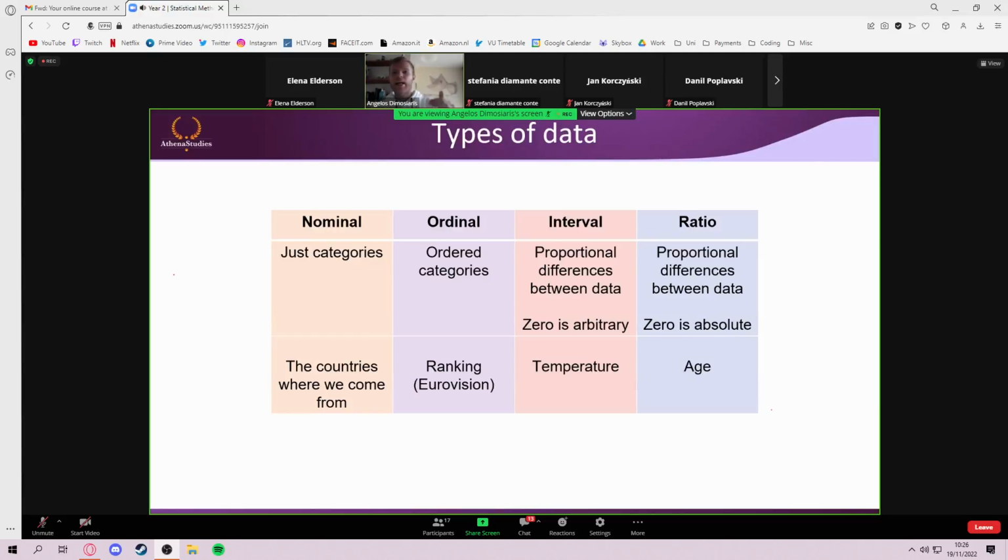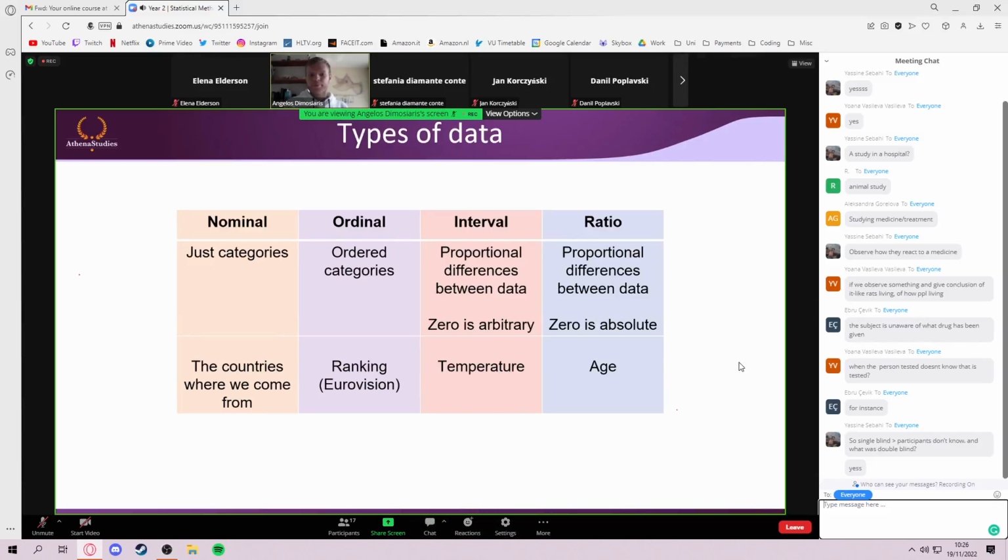So you have, I don't know, Netherlands number 1, Israel number 2, Spain number 3, Portugal number 4. In this case, we still refer to categories, but there is an order. So if Netherlands is number 1, that means that it is better than number 2 or better than number 3. So this is the ordinal type of variables, or the ordinal measurement level.